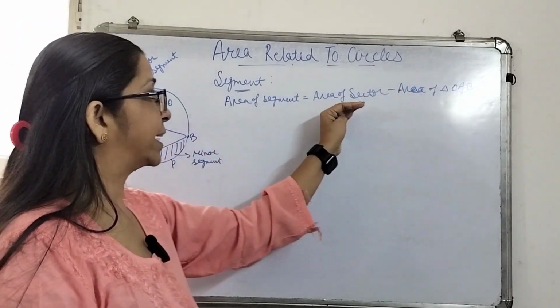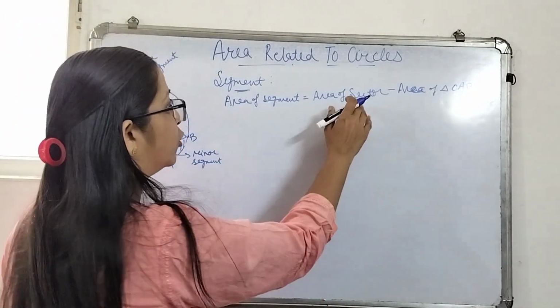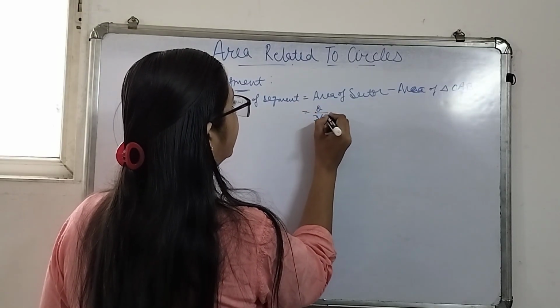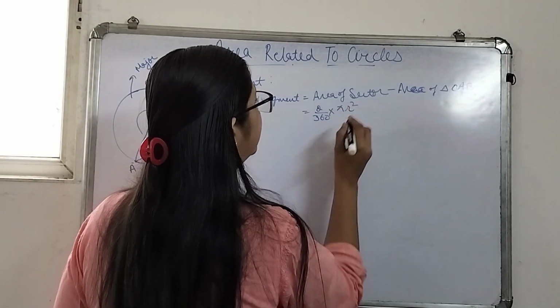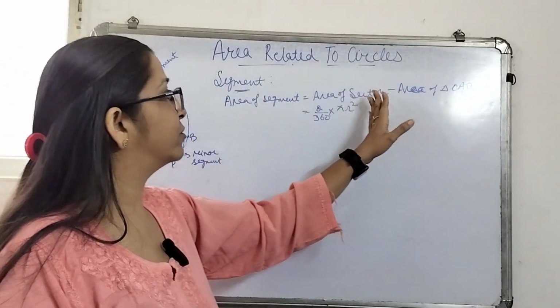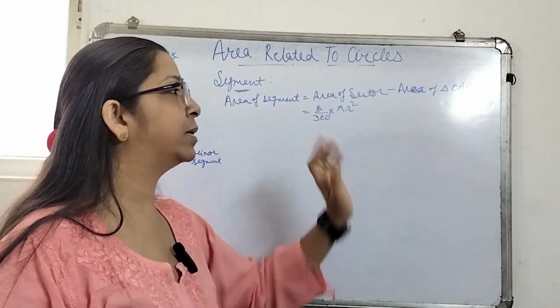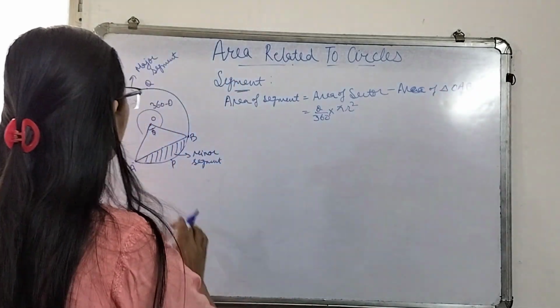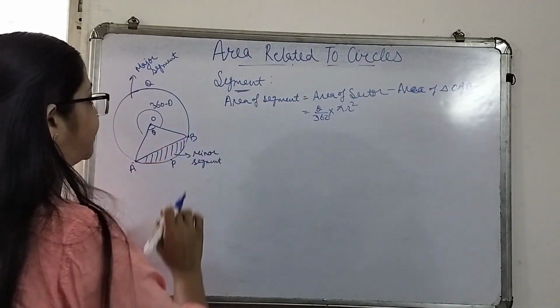Now area of the sector, we know how to find it out. The formula we can use is theta over 360 multiplied by pi r square. Just now we have learned that for the central angle theta, area of the sector is theta over 360 multiplied by pi r square. Now how can we get the area of this triangle OAB?